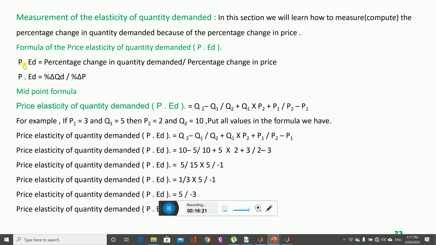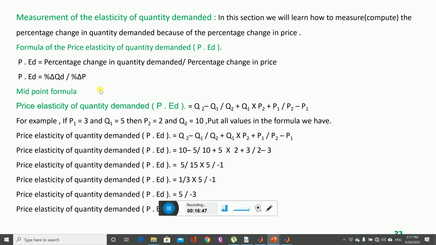The formula is: PED is equal to percentage change in quantity demanded divided by percentage change in price. I am calculating the ratio of the percentage change in quantity demanded because of the percentage change in price.